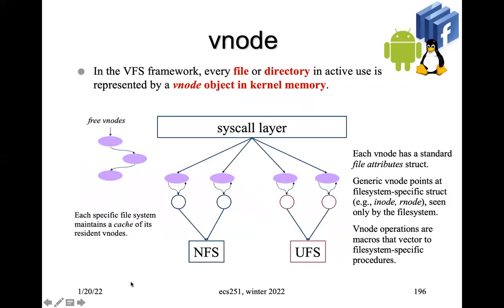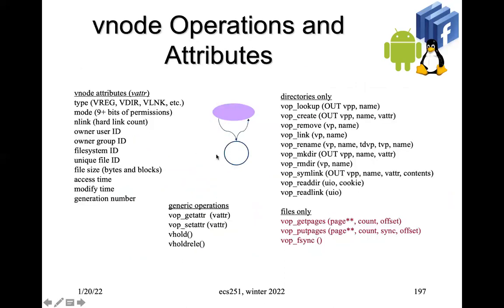Now I'm going to show you the next picture. This picture is more interesting. It defines all the member functions related to the vNode. Of course, you have this generic attribute.